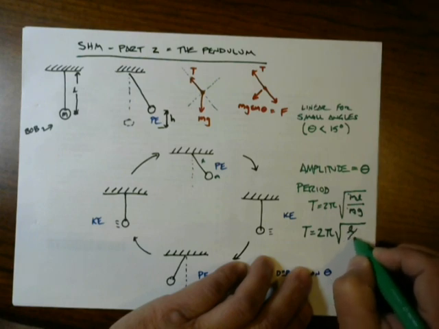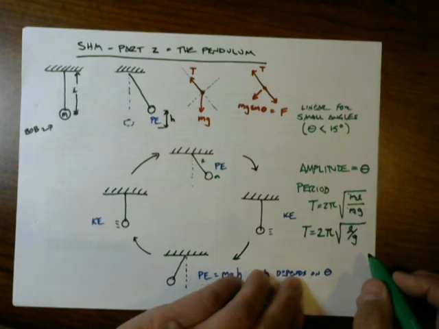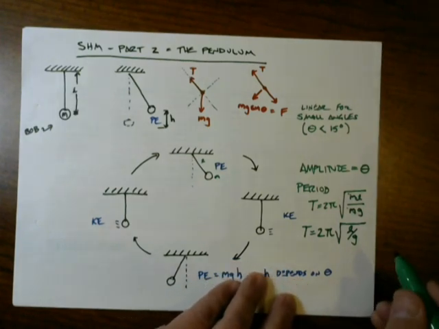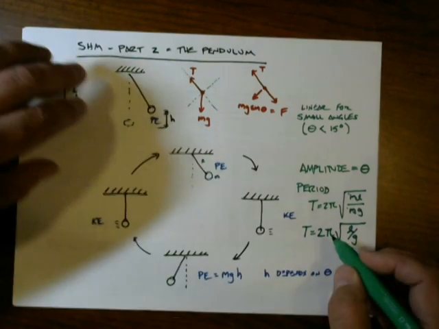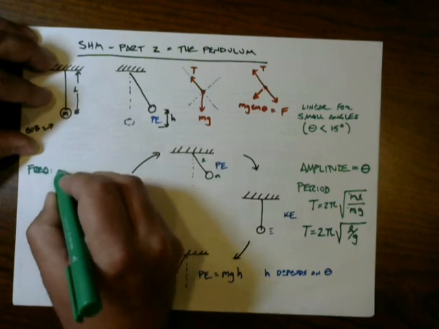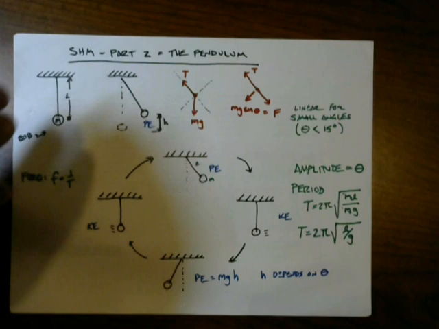The only thing that this depends on is the length of the pendulum and the local acceleration due to gravity. That means a pendulum can also be used to determine the local acceleration due to gravity. And then, just to finish things out, the frequency will be 1 over the period. Just calculate the period and do 1 over.